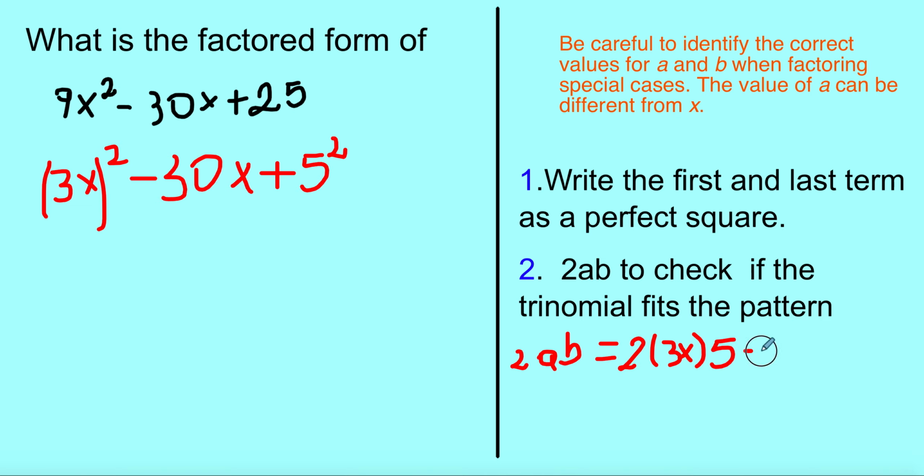Okay, so this fits. 2 times 3 times 5: 2 times 3 is 6, times 5 is 30, so it gives us 30x, and it fits the pattern.